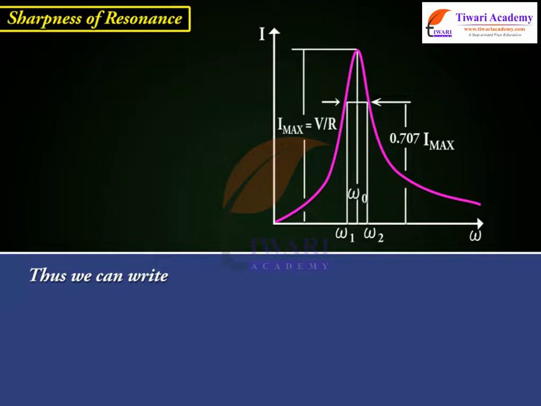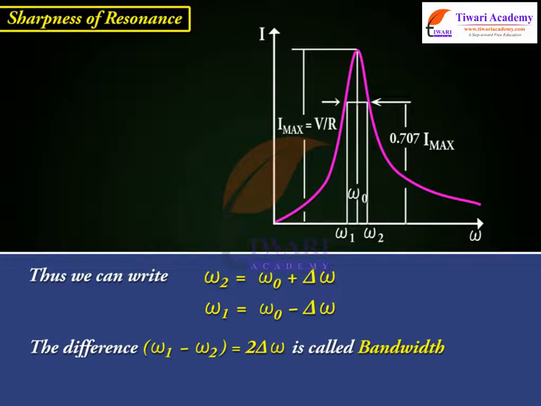Thus we can write omega 2 is equal to omega naught plus delta omega. Omega 1 is equal to omega naught minus delta omega. The difference omega 2 minus omega 1 is equal to 2 delta omega, called the bandwidth of the circuit.